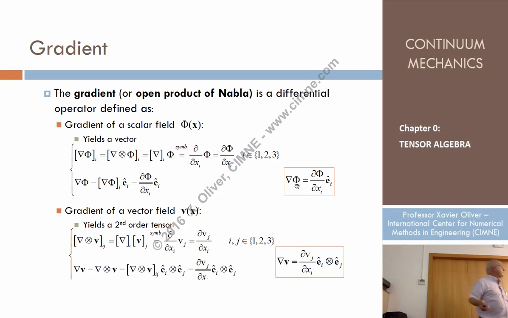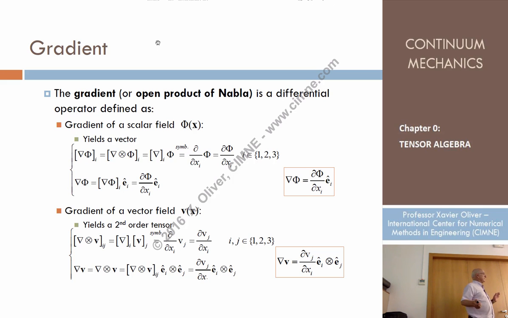That's what we call gradient. It's a vector with three components. The first component is the derivative of phi with respect to x1. The second component is the derivative of phi with respect to x2. The third component is the derivative of phi with respect to x3.